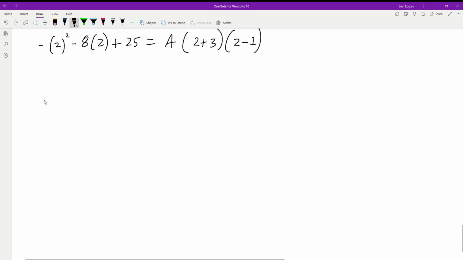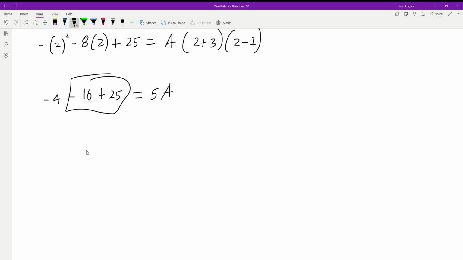This is going to be negative 4 minus 16 plus 25 equals 5a. That is going to be 9 minus 4. So what we're going to have is 5 equals 5a. So therefore a is 1.